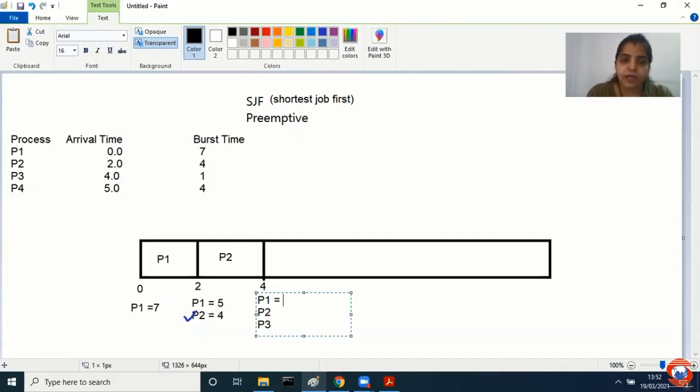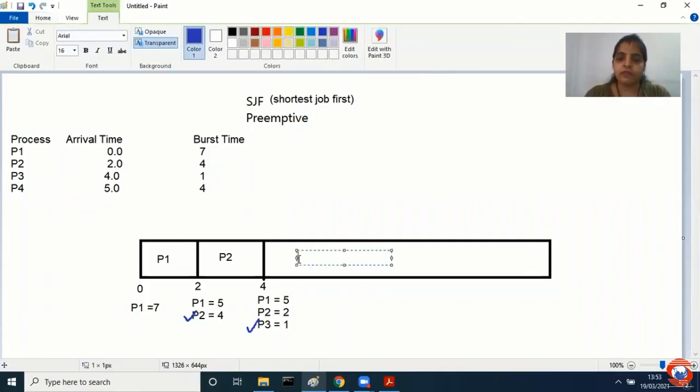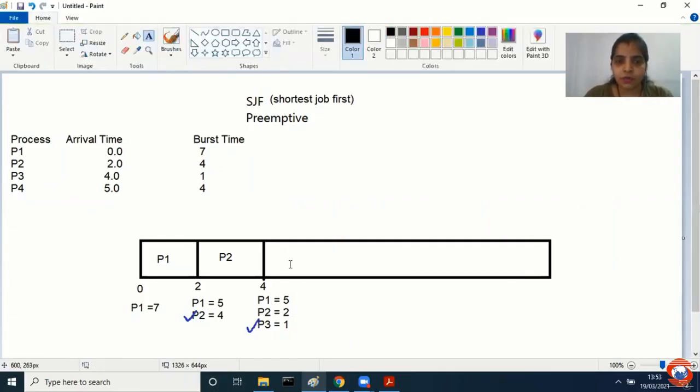P1 का रिमेनिंग टाइम क्या था? 5. P2 का रिमेनिंग टाइम क्या रहेगा? 2, because 2 cycles it has executed. P3 has just arrived. What is the P3 burst time? 1. अब आप मुझे बताओ नेक्स्ट कंट्रोल किसको जाना चाहिए? Who is the shortest? P3 is the shortest. So next control will be given to P3. Are you understanding the scenario?